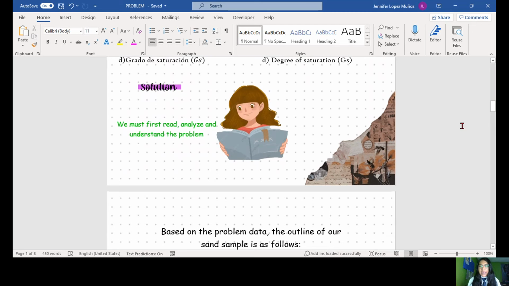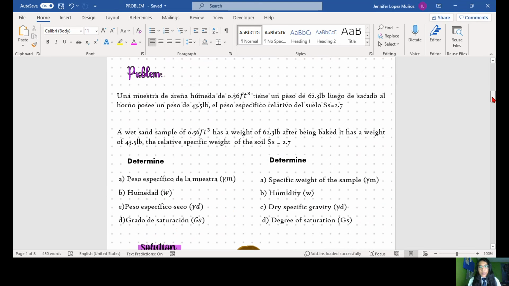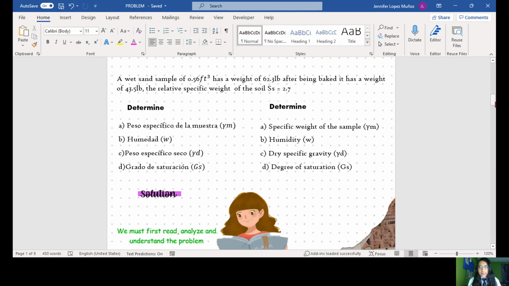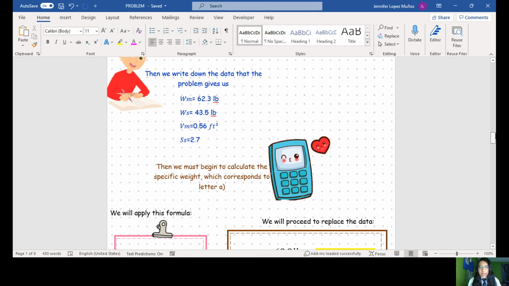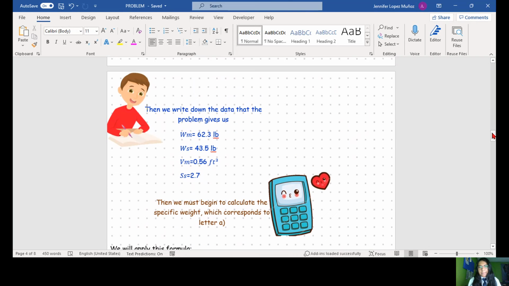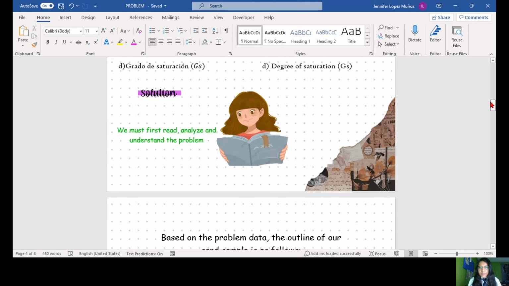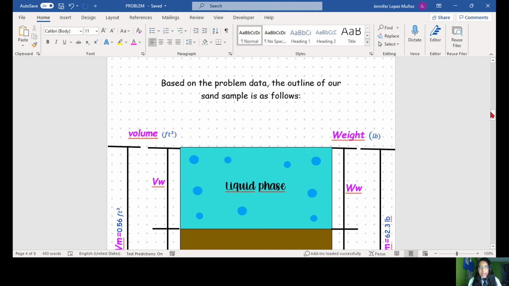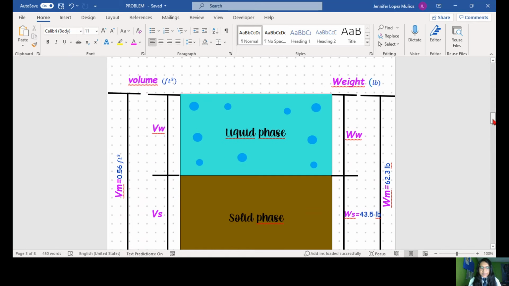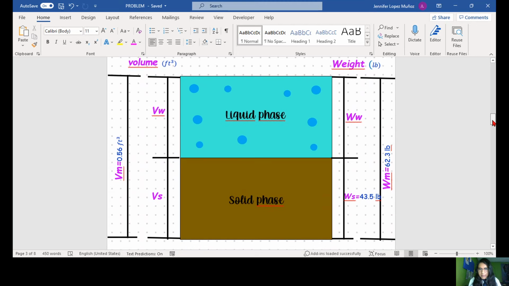We must first read, analyze and understand the problem because it's very important, because the problem gives you the data. On the basis of the problem, the outline of our soil sample is as follows. This is a schematic.